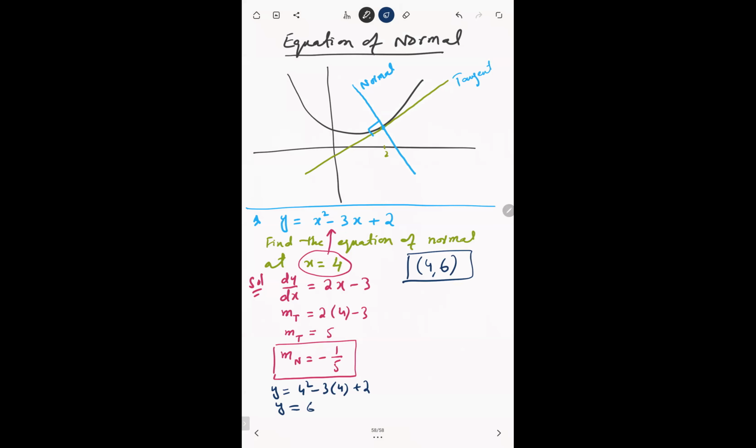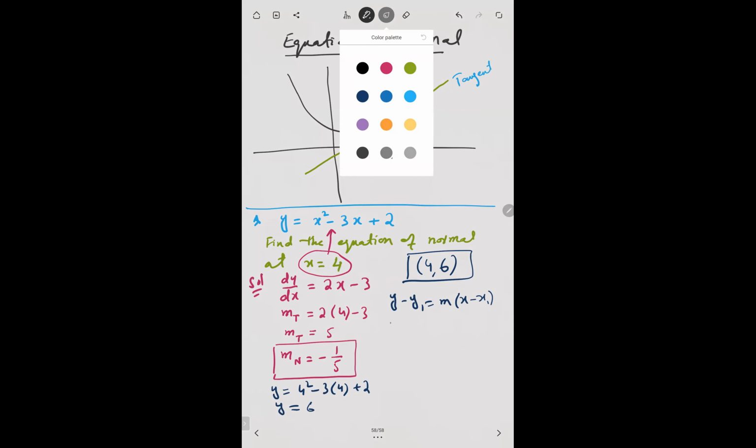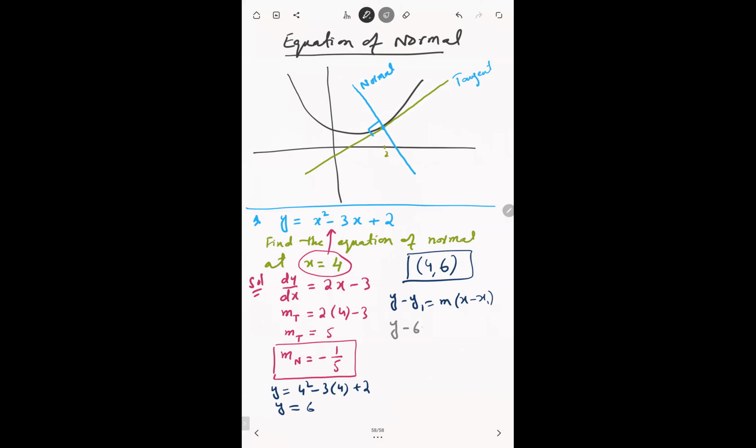So we have the coordinates through which normal is passing, and we have the gradient of normal. So we can find the equation by using y minus y1 is equal to m into x minus x1. Y minus 6 is equal to minus 1 by 5 into x minus 4. Multiply 5 here, minus 1 here.